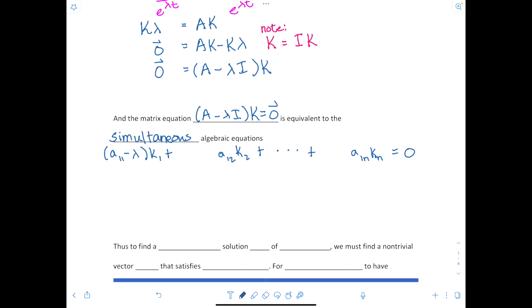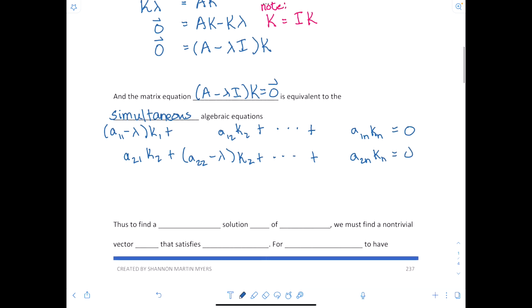The next line would be A21 times K1 plus A22 minus lambda times K2 plus dot dot dot plus A sub 2n times K sub n equal to 0.